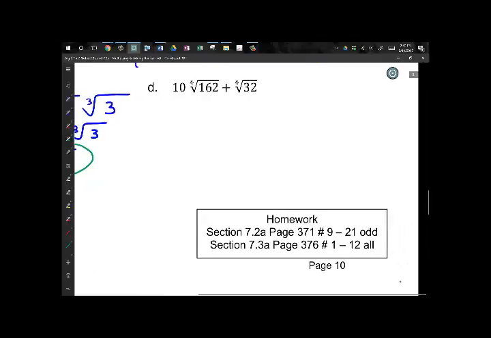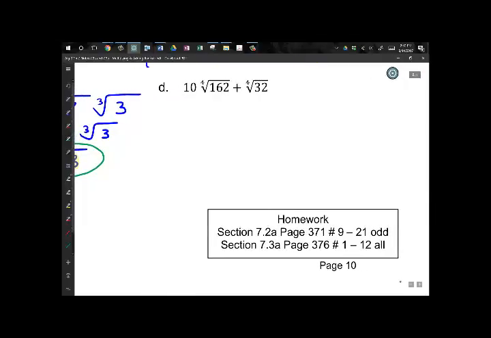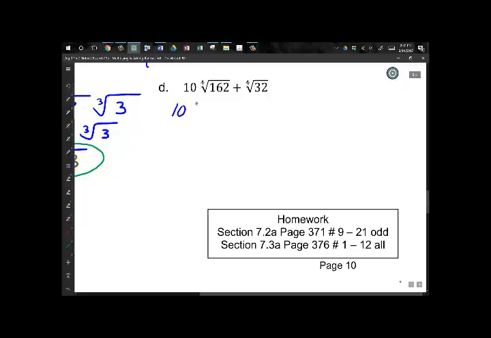Let's look at problem D. 10 times the fourth root of a perfect fourth power times what's left over. Well, 81 times 2 is 162, plus the fourth root of a perfect fourth and what's left over.